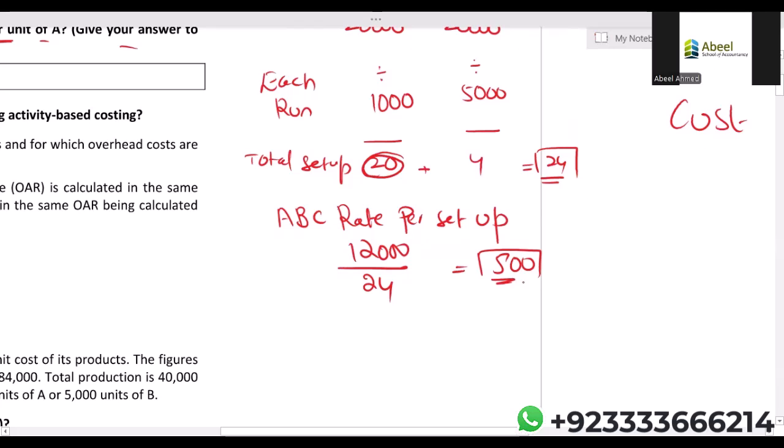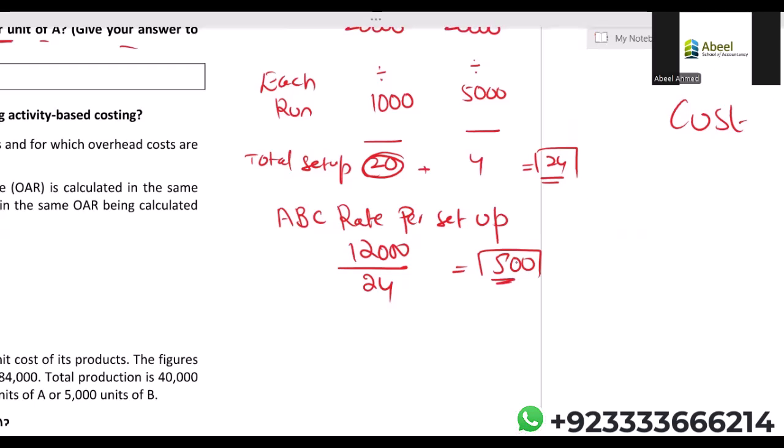Repeat: total number of setups for product A are 20, and per setup cost is 500, which means if we allocate setup cost to product A, actually the total number of setups is 24. But out of 24, obviously 20 times we bear the setup cost because of product A. So a very major part of production setup cost will be allocated to product A.